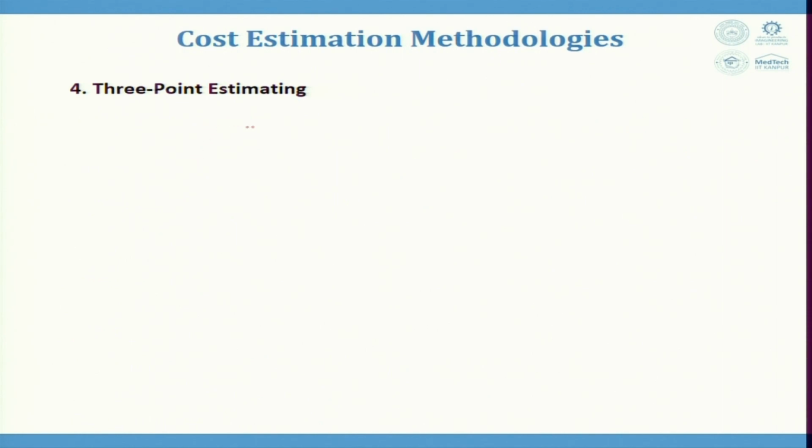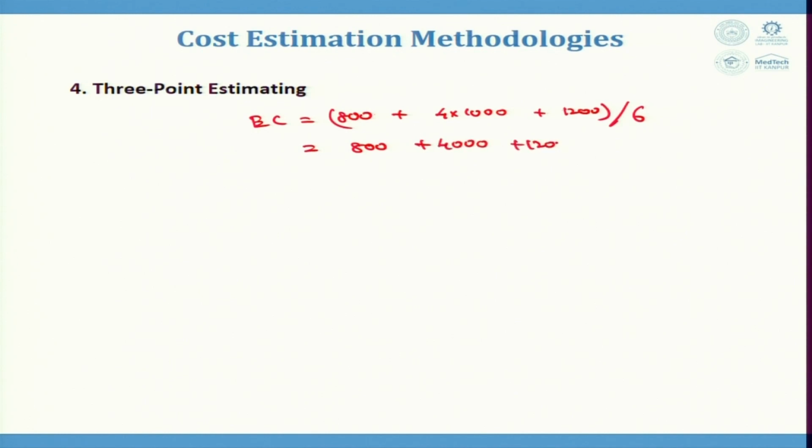Let me say the estimated cost for 3-point is equal to the best case scenario 800 plus 4 into 1000 plus 1200, this all divided by 6, which is equal to 800 plus 4000 plus 1200 divided by 6, which is equal to 6000 by 6, which is equal to rupees 1000.